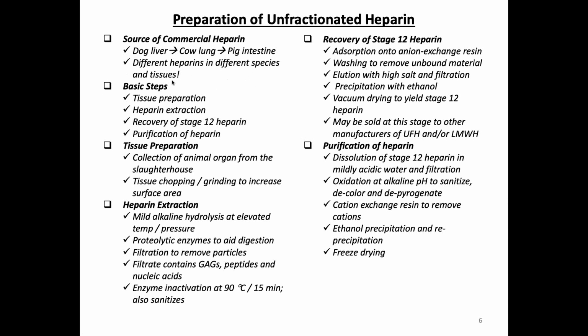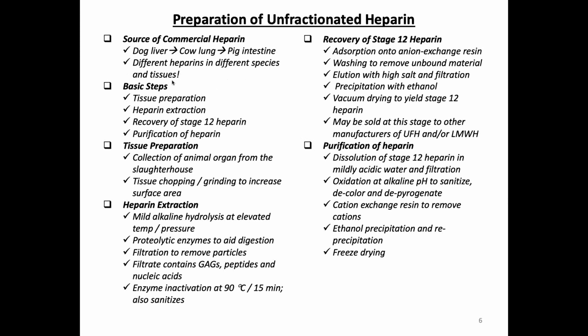Okay? So at this point, whatever you collect is a yellow, brown kind of mass, and it has lots of proteins and other stuff which you want to remove heparin from. So alkaline hydrolysis releases heparin from its proteoglycan form.